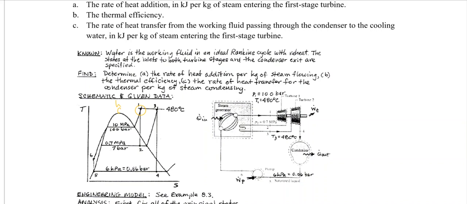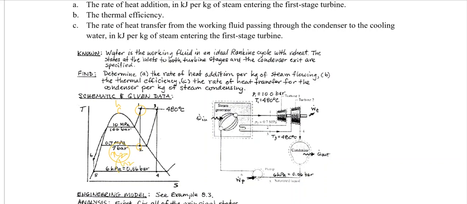Then we will be expanding from state 1 to 2 isentropically, and at state 2 we will check whether it is inside the vapor dome or outside the vapor dome. If it is inside the vapor dome, which may be the case here, we will find the value of x, and then we will find the value of h2 from here.